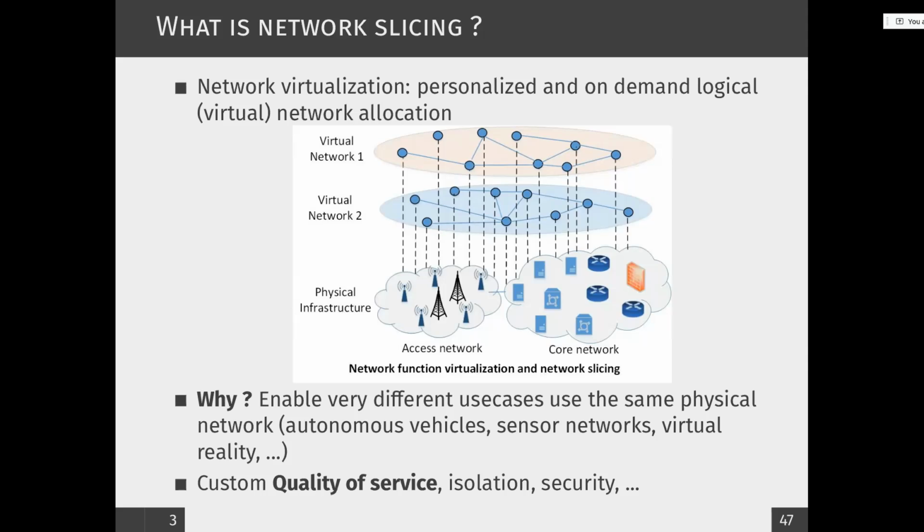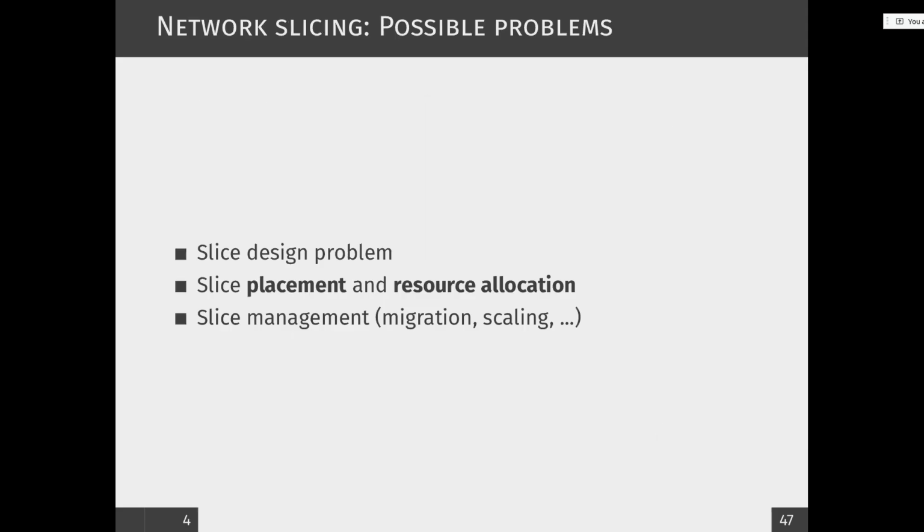Customized quality of service, isolation and security are also very important aspects that I don't treat in my thesis. So in that thematic, there are different aspects you can think of. The first, I would say, is the slice design problem. So the idea of that one would be to go from the business use case to a network specification.